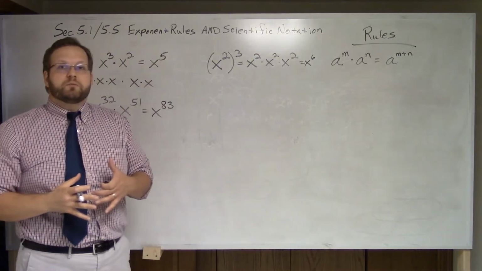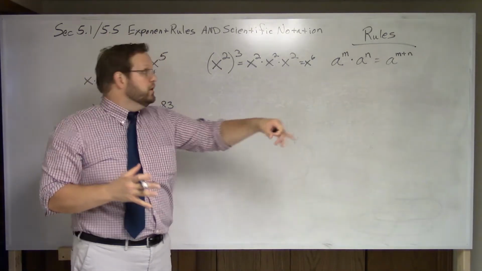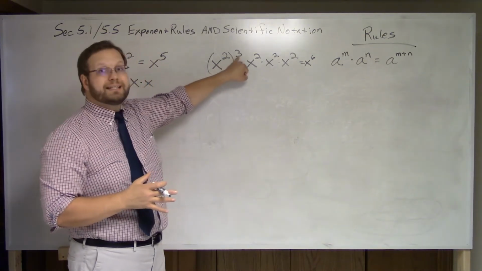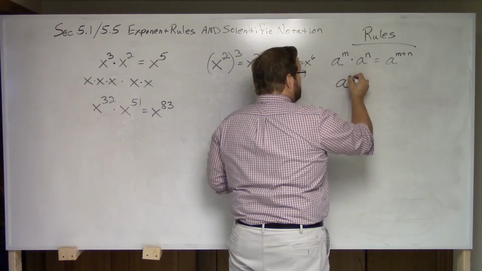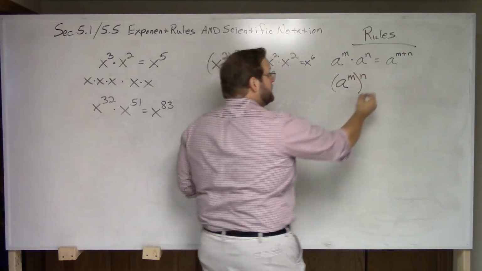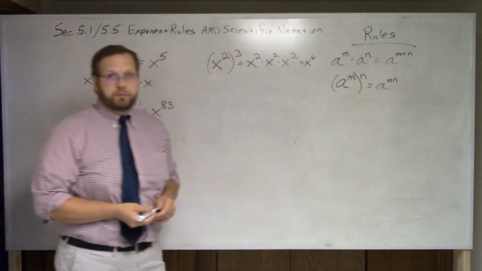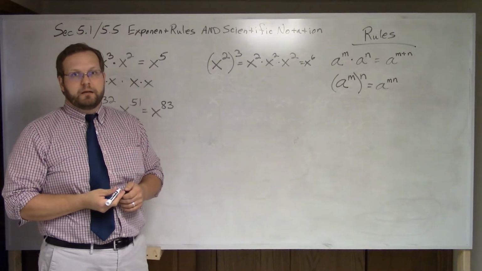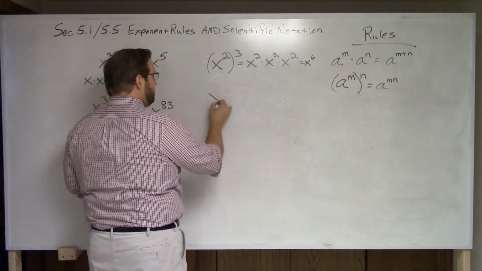What could we have done with the original exponents without having to expand them out? We could have just taken 2 times 3. So if we have a base raised to an exponent, and then that whole thing raised to another exponent, simply multiply the exponents. Nothing more than that. Okay? How about something like this?